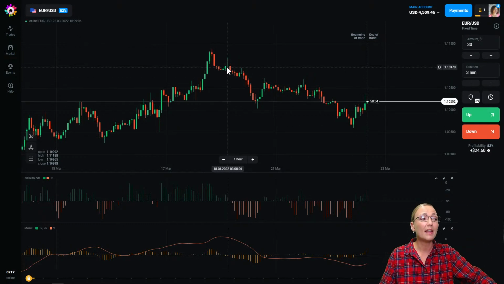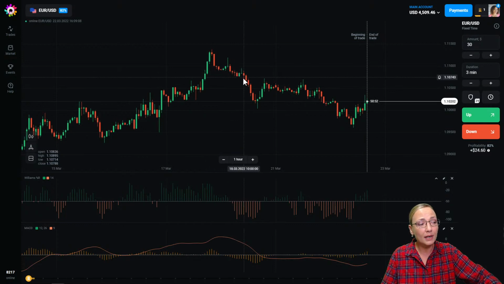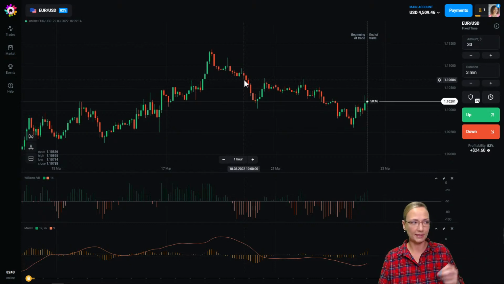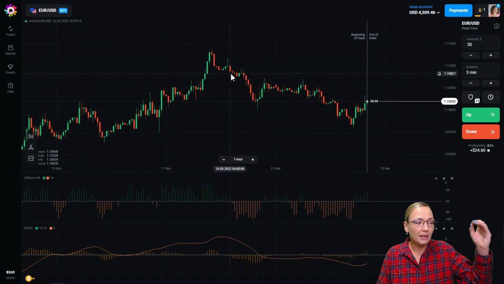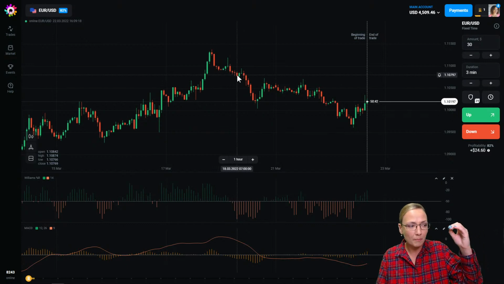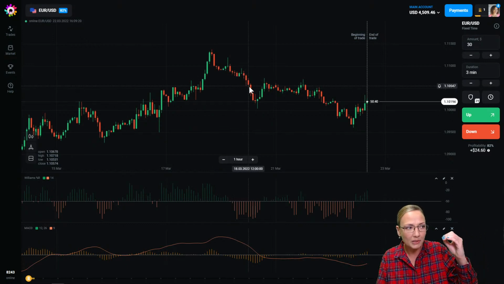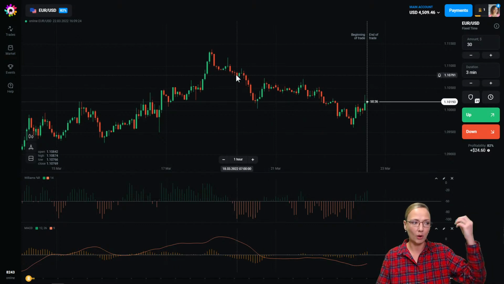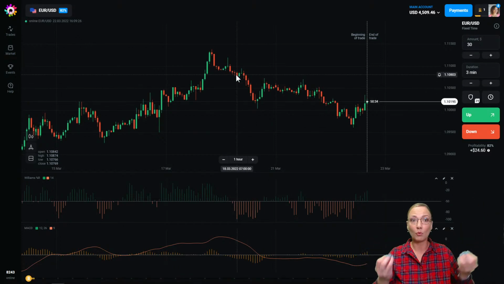And as you can see, the price went down, down, down, down, down. By the way, mind you, this is the 1 hour time frame, so I'm just showing you as an example. And as you can see, the histogram remained below the midline this entire movement down. So that means you could have opened down trades during that whole movement down.